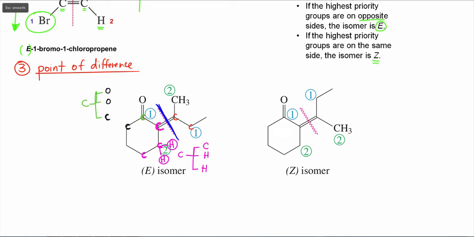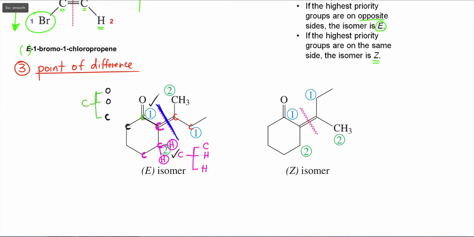So I have O, O, C versus C, H, H. That allows me to prioritize this group that's coming up like this as 1, and by default, this is going to get position 2.